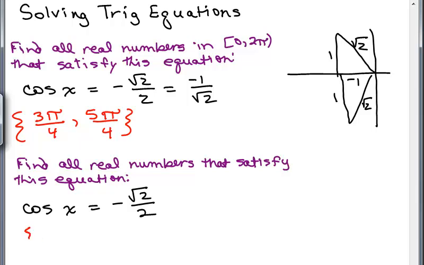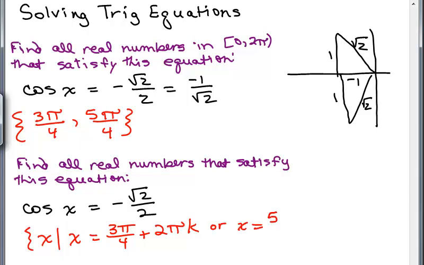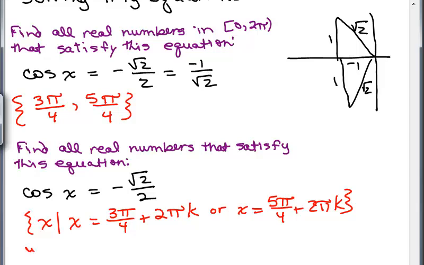So we want all the values of x, so that x equals 3 pi over 4. Now how do I get all the coterminal ones? You add 2 pi k, or x equals 5 pi over 4 plus 2 pi k, where k is an integer.